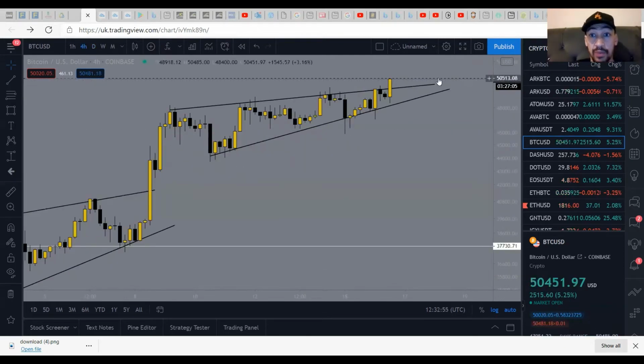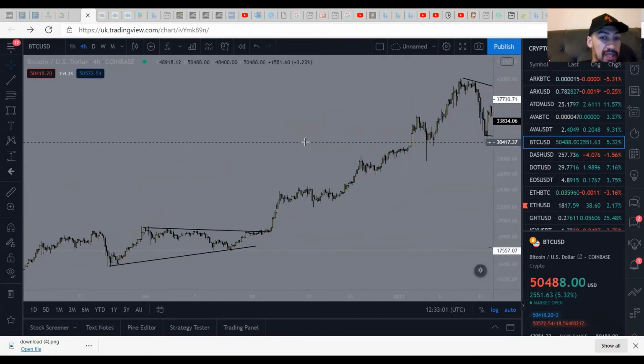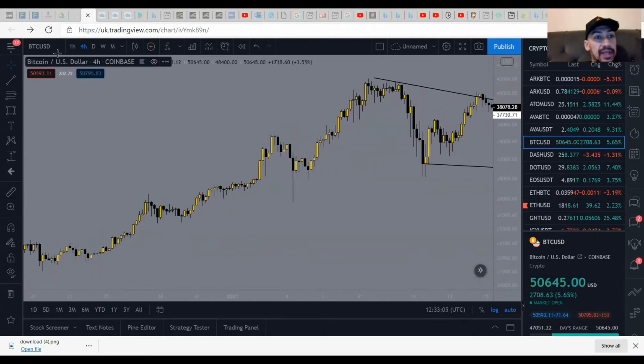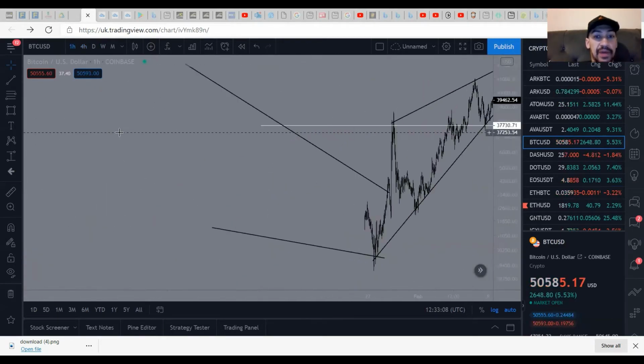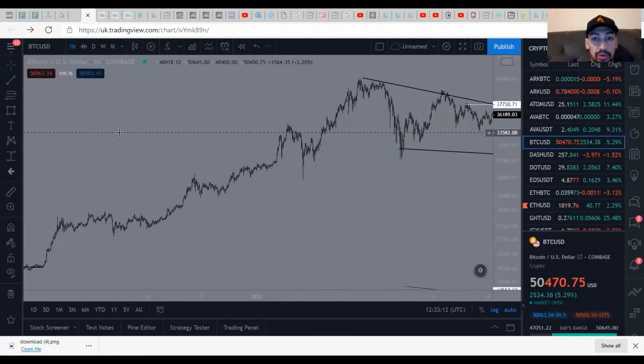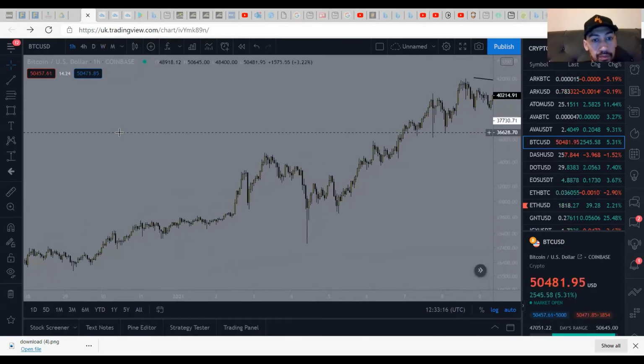Oh, we just broke past 50k, which is a very big level. I just wanted to point out a few bits here. We have wedge patterns all over the place. BTC is very big on these wedge patterns. I'm trying to find some more as we speak. Oh, there's another one right here as well.